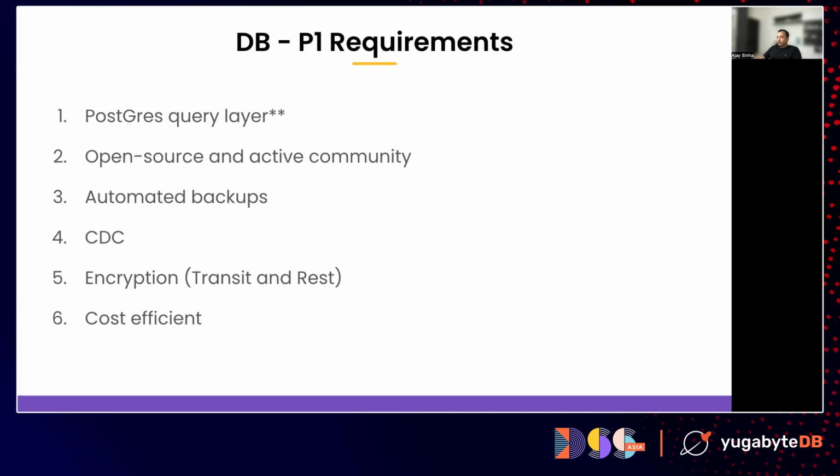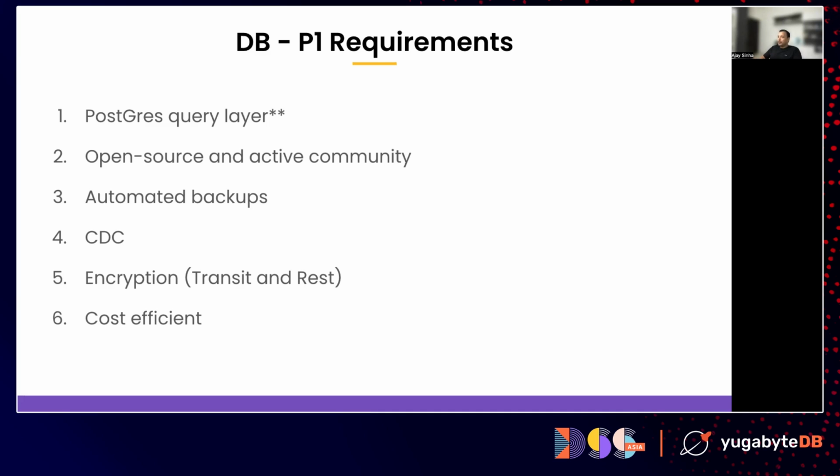These are our P1 requirements. A Postgres query layer is again not relevant for the feature store use case, but as I said, we were evaluating other transaction use cases, and in Zeta most of the traditional workload is built using Postgres. So we're looking for something which is Postgres compliant.